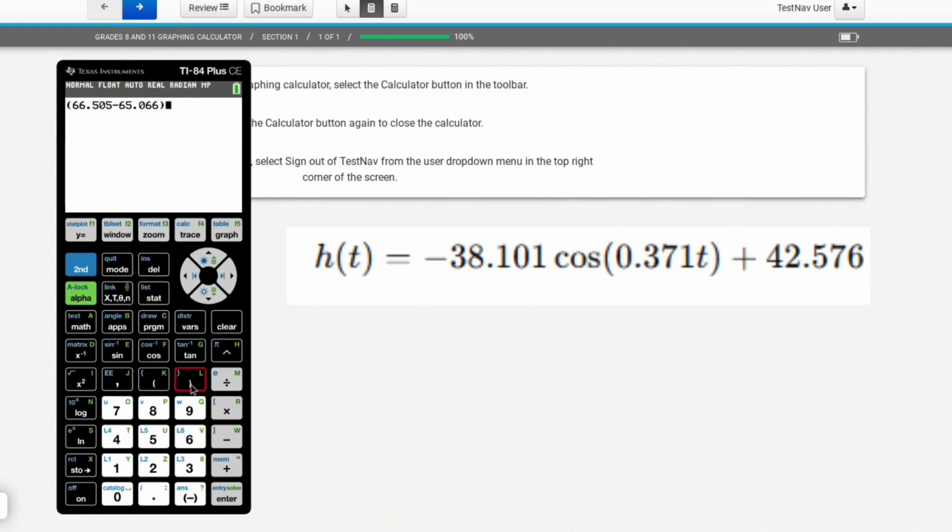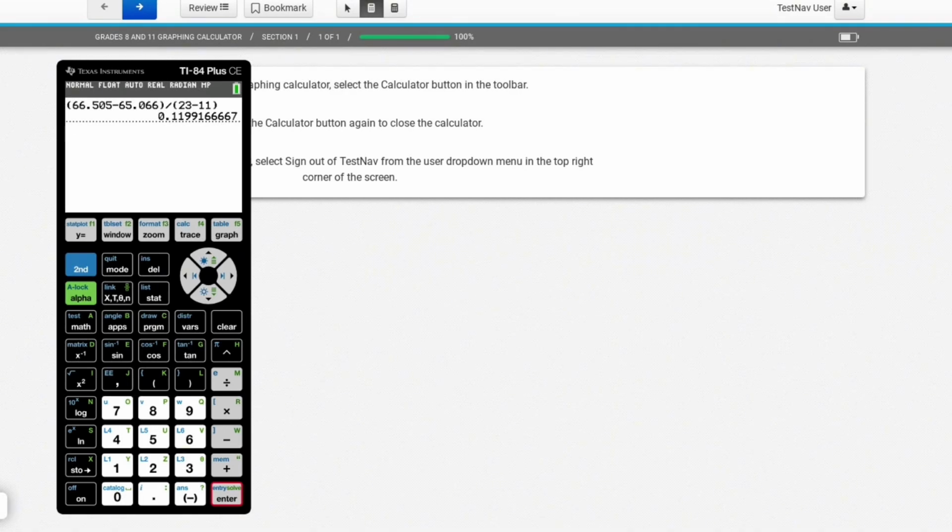Close that parentheses, hit divided by, and then we're going to do 23 minus 11 down here. Don't forget your parentheses. 23 minus 11, close that parentheses, and that ends up being 0.1199. So we're going to round that once we get back to our original slides.